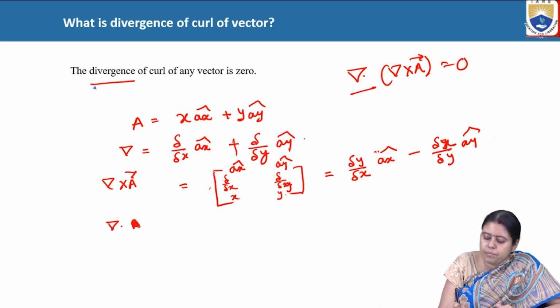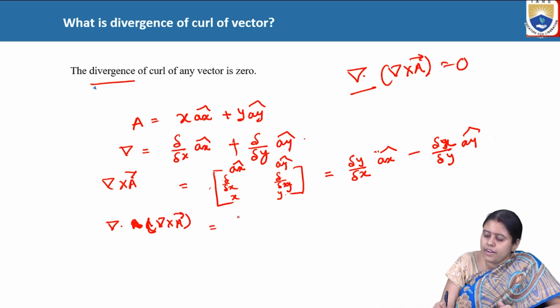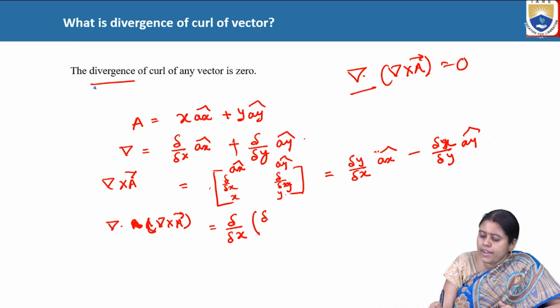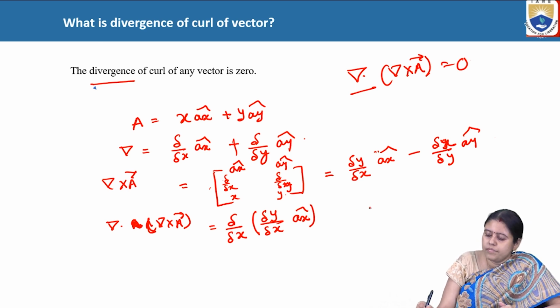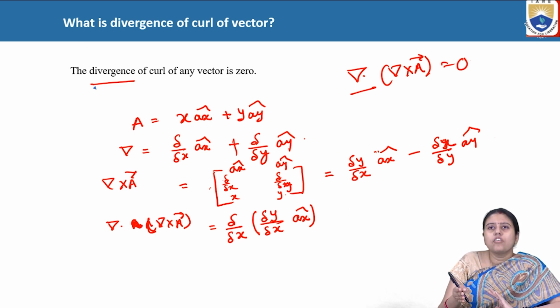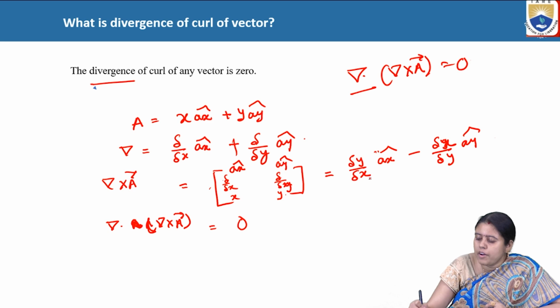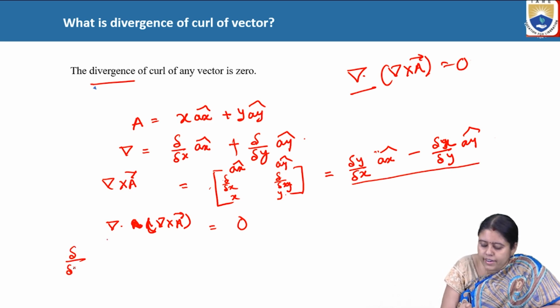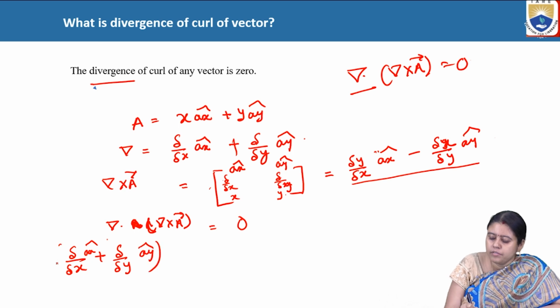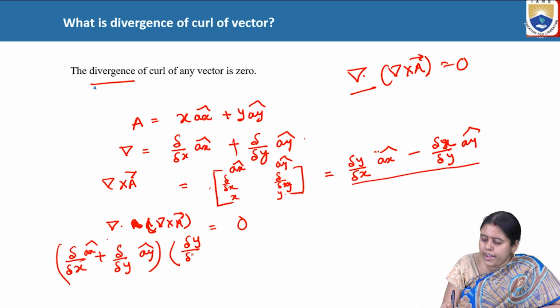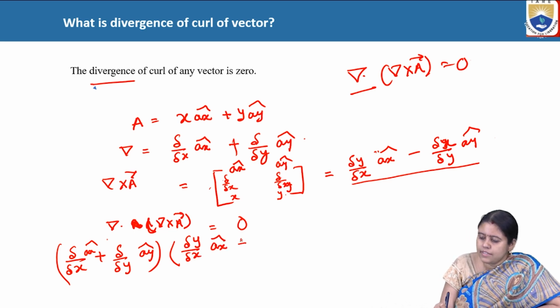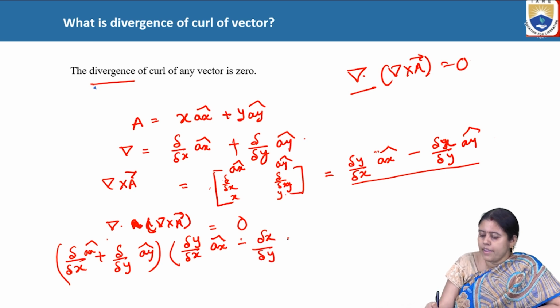Grad dot of grad cross A means del by del x, del by del y dotted with the curl terms, AX and AY.